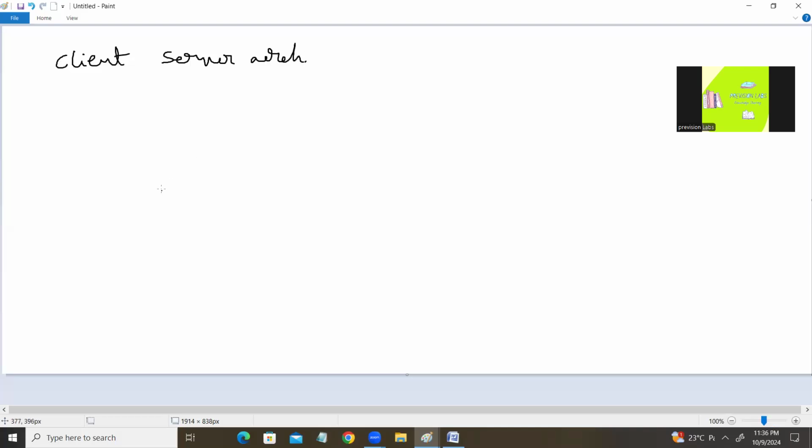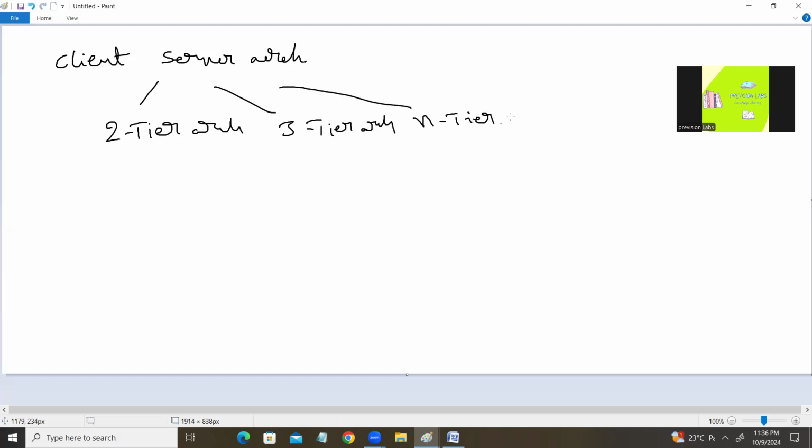Again, we have three subcategories in the client-server architecture. One is the two-tier architecture, one is the three-tier architecture, and the third one is the n-tier architecture. Let's try to understand what a two-tier, a three-tier and an n-tier architecture are. Two-tier architecture contains a set of client-side programs.